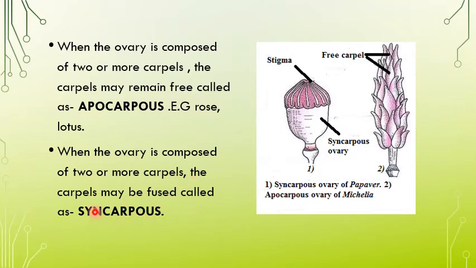So syn means fused and apo means free. In this you can see the picture of syncarpous when they are fused, and this is apocarpous when they are free. Two or more carpels but they are free, two or more carpels but they are fused.